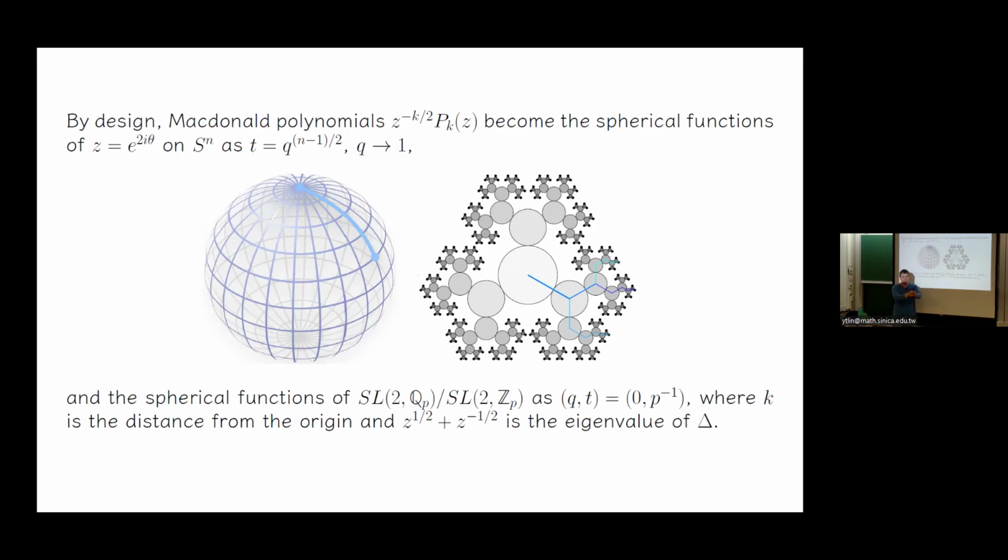If I want to write my Laplace operator on a sphere in radial coordinates, then what I need to know is how much mass I have at a fixed distance. So the bigger the dimension of the sphere, the more mass I have. Well, it depends; it goes as some power and has to do with the dimension. And similarly, since I have a regular p plus 1 valent tree, p controls how much mass I have at a given distance.